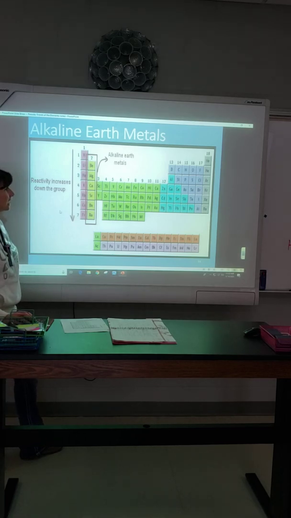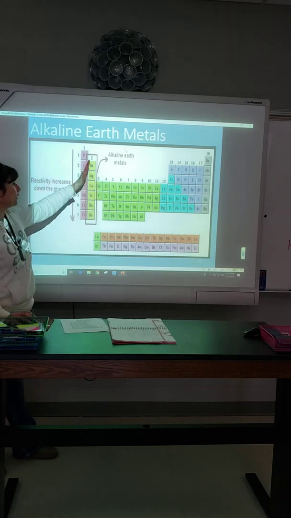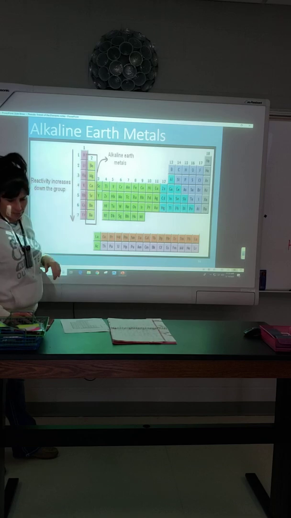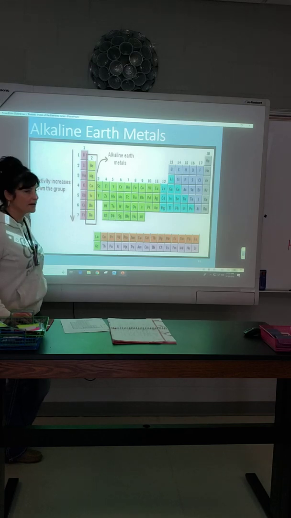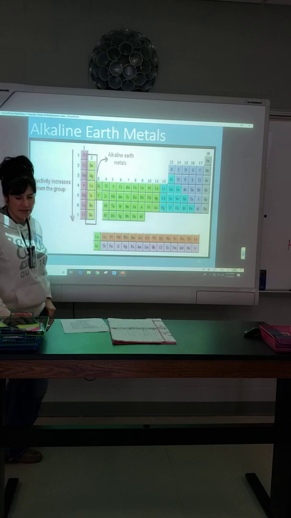These are our alkaline. Now, one way to remember the difference between alkali and alkaline: the I at the end kind of looks like the 1 for group 1. That's one way.